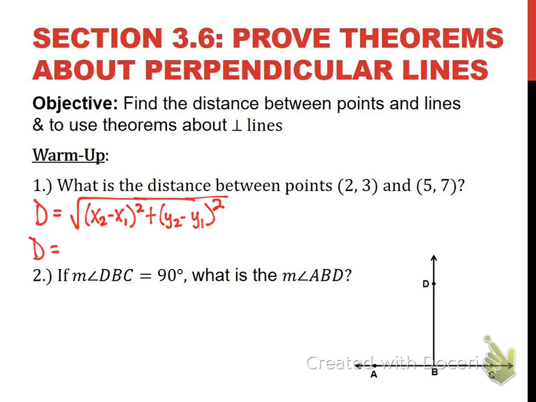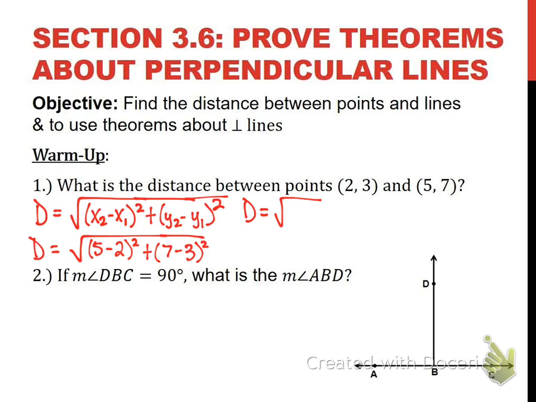So the distance would be, what are we plugging in for x2? Okay, 5 minus my x1, 2, that's getting squared, plus my y2, 7 minus 3, that gets squared. Okay, from here, we can do a couple steps at once.